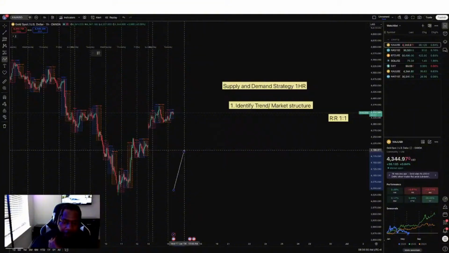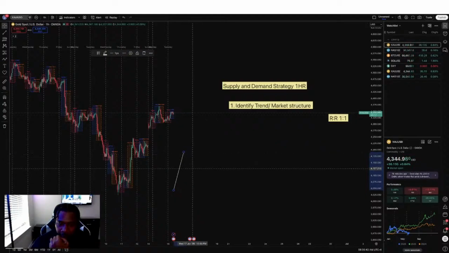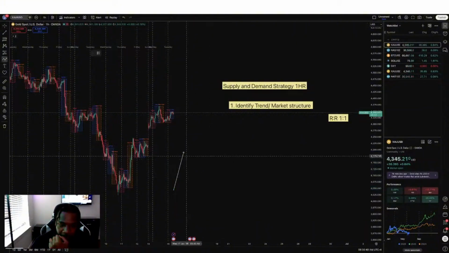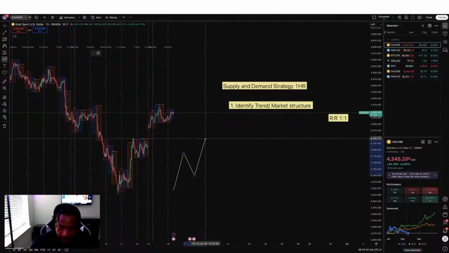After you see a push up or push down, you always expect a move back, which is in other words a pullback or retracement, which then will allow the market to make the next move up.